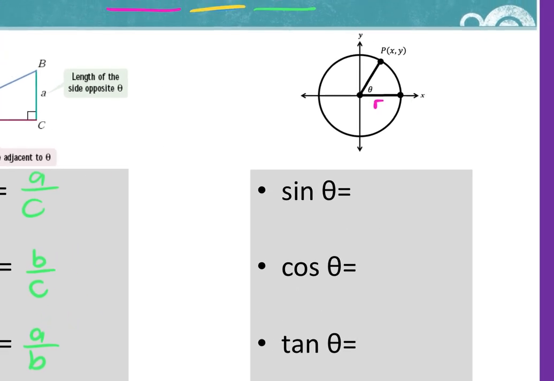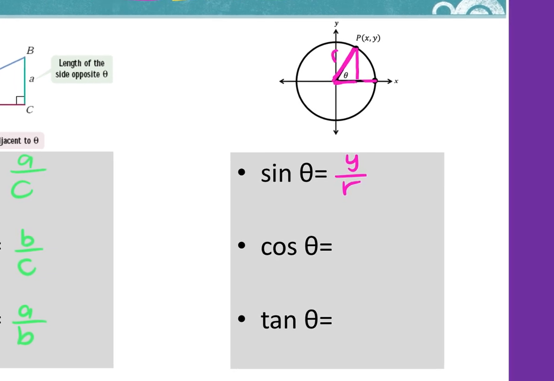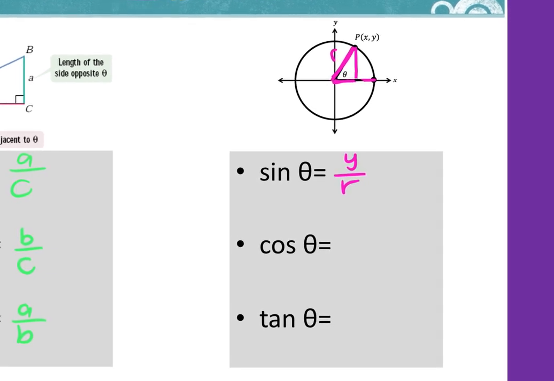So if I were to, let's say, close this in, not only is this part my radius, but this part is also my radius. So using SOHCAHTOA, if I wanted to find sine, it'd be the opposite side, which is the y coordinate, over the radius. If I wanted to find cosine, it'd be the adjacent side, which is the x over the radius.